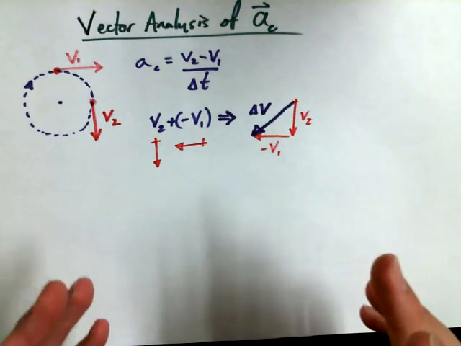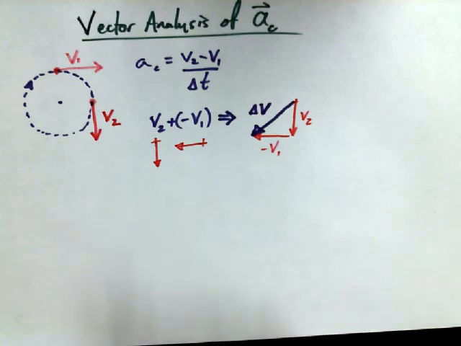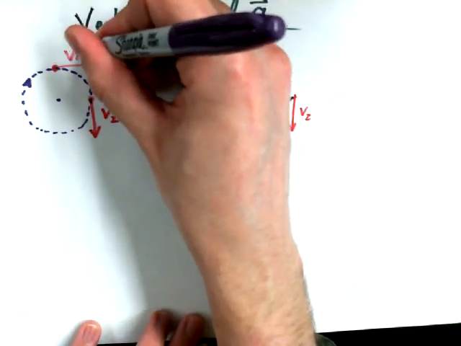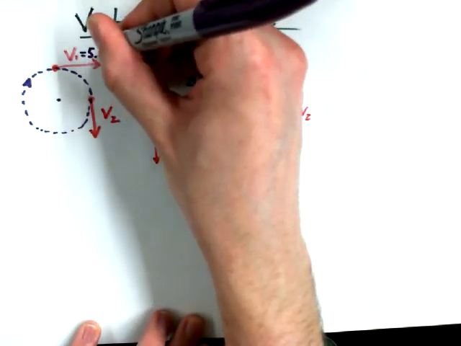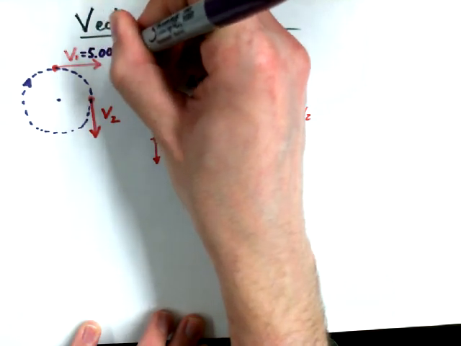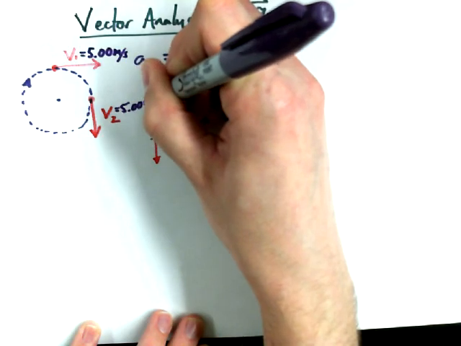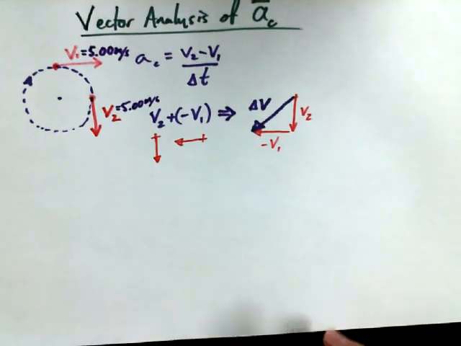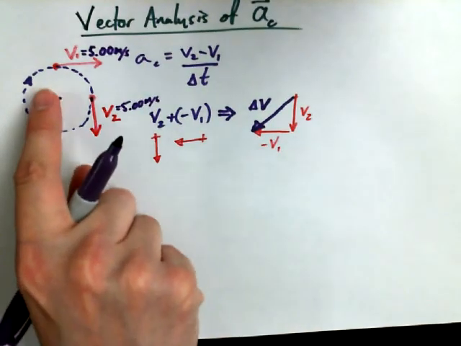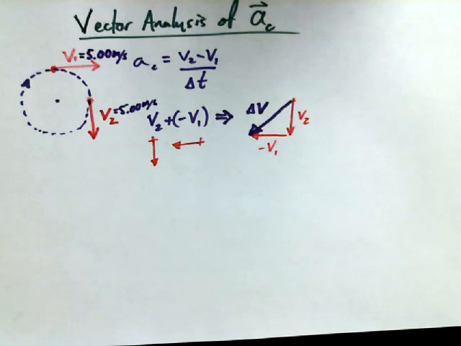Now, if I want to add some actual numerical values onto this, let's just make nice and simple round values, 5.00 meters per second and 5.00 meters per second. In other words, this orbit has an object going in a circular path where at two particular points in time the speed was 5 meters per second, to the right at one point and 5 meters per second down the page at another.